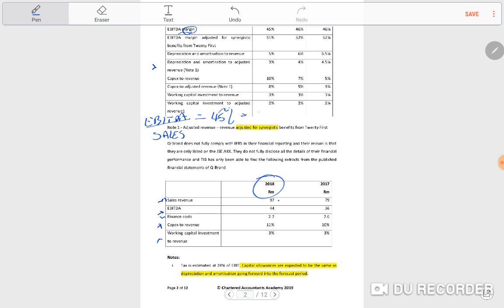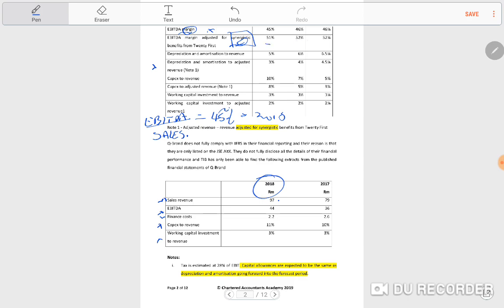This is for 2018, but we also want 2019, 2020, and 2021, our forecast periods. So if you want the EBITDA, making it the subject of the formula, we're just going to multiply the percentage times the sales. But which percentage are we going to take? Are we going to take the one without synergistic benefits or the one with synergistic benefits? As we discussed above, we're going to take the one with synergistic benefits, since we're going to be calculating the maximum price.